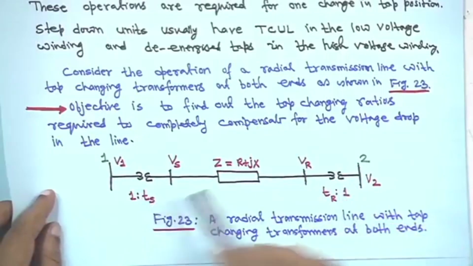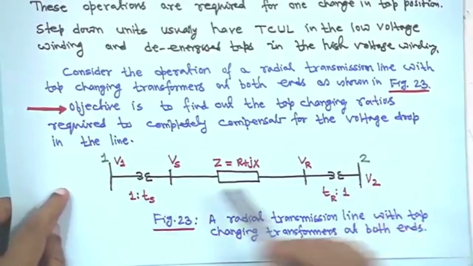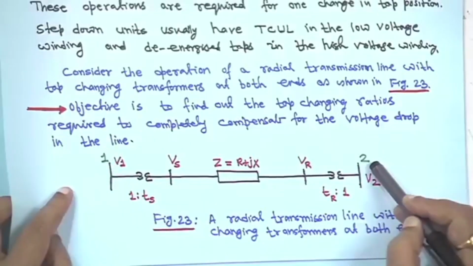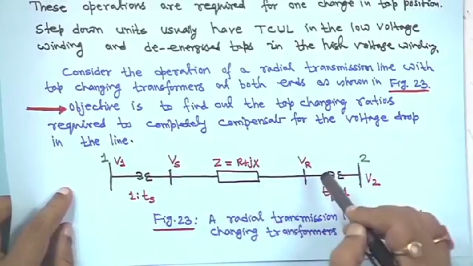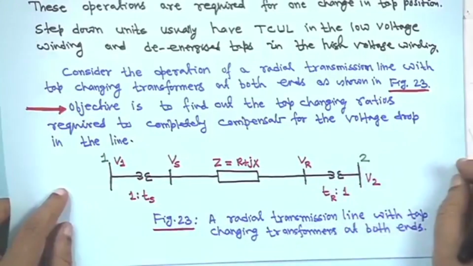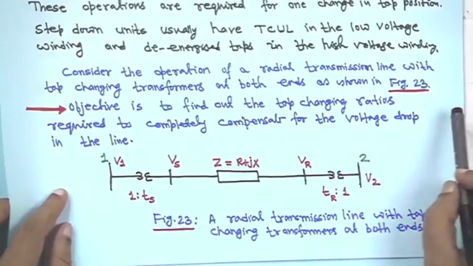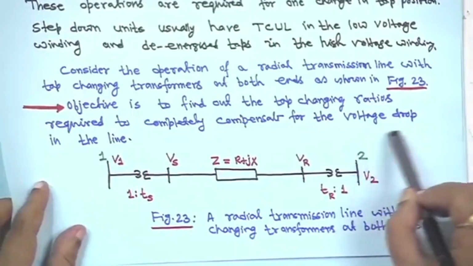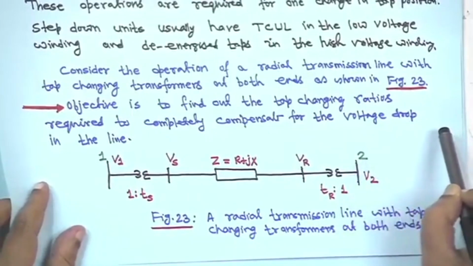This is the sending end side and this side the receiving end side, and this node is marked, that is bus bar 1, and this side it is 2, right. This is the sending end and this is the receiving end, right. The objective is to find out the tap changing ratios required to completely compensate for the voltage drop in the line, right.